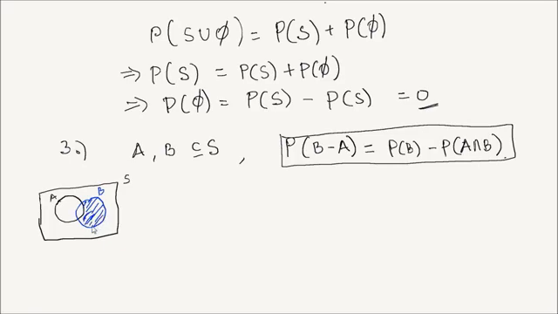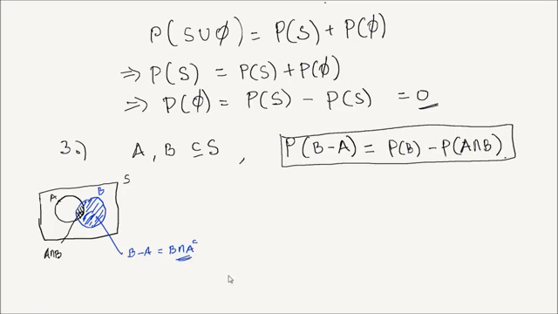Whatever is in B but not in A. But what is this? This region is the intersection. So that is the intersection of A and B. And the one in blue is B minus A, which is equal to, by the way, B intersection A complement.